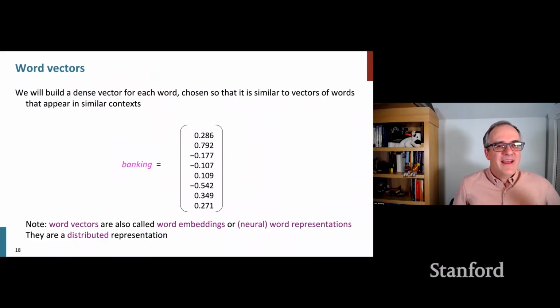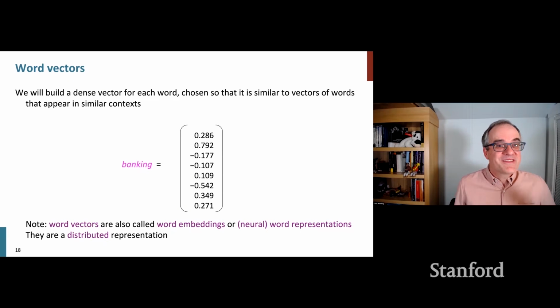Okay, so what are we going to do with these distributional models of language? Well, based on looking at the words that occur in context as vectors, we want to build up a dense, real valued vector for each word that in some sense represents the meaning of that word.